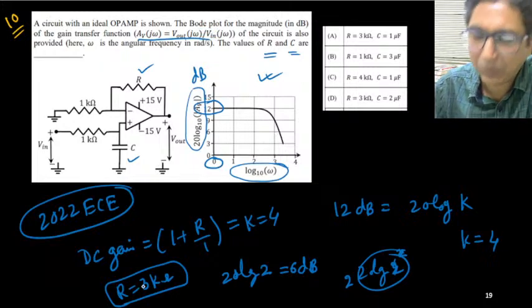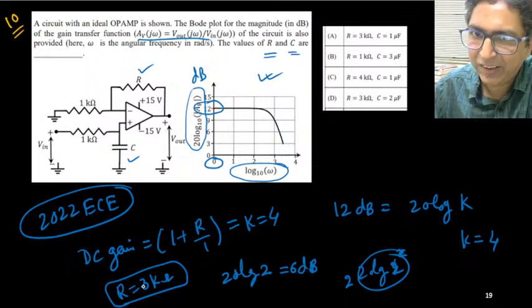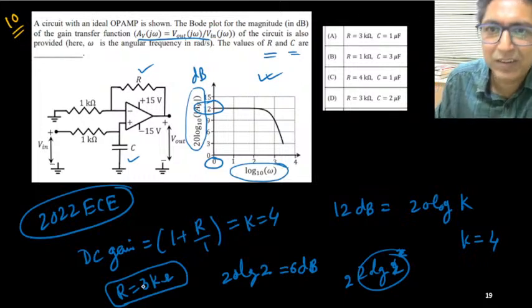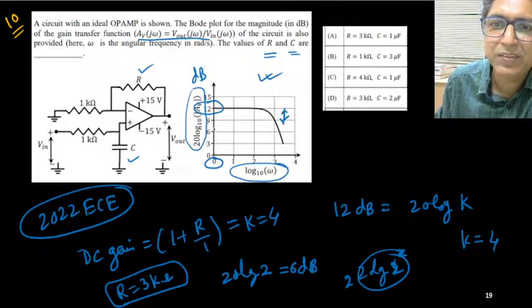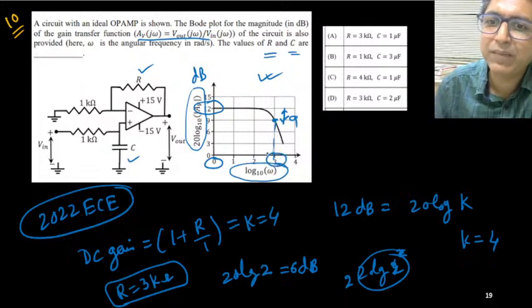Now, what is the C value? To find the C value, we have to use the information regarding cutoff frequency. The 3 dB cutoff frequency. So, this maximum level is 12. 3 dB less, that means this thing only. This is your 9. So it is cutting here. So this frequency will be called the 3 dB cutoff frequency.